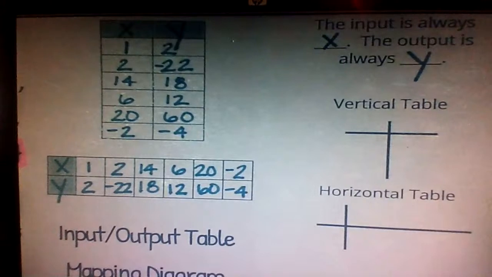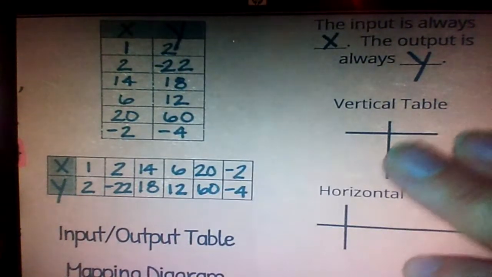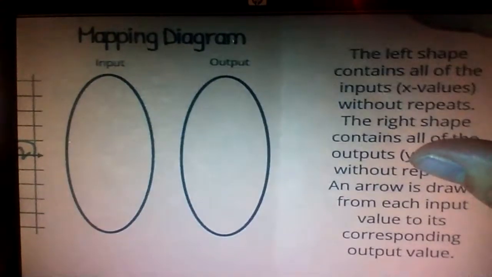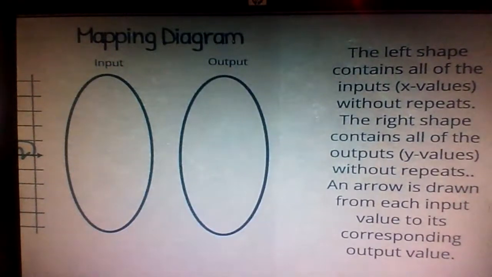The last thing you may see is what is in the bottom, which is called a mapping diagram. All right. So, a mapping diagram. You're going to see 2 ovals. In the first oval is your input. So, these are going to be your X values.